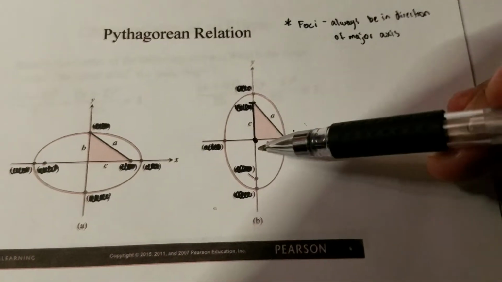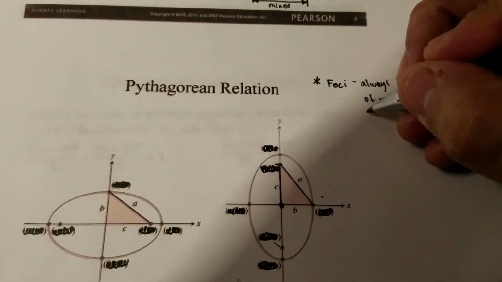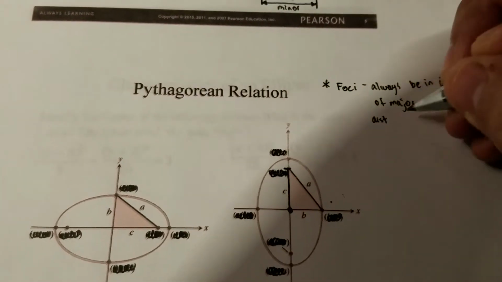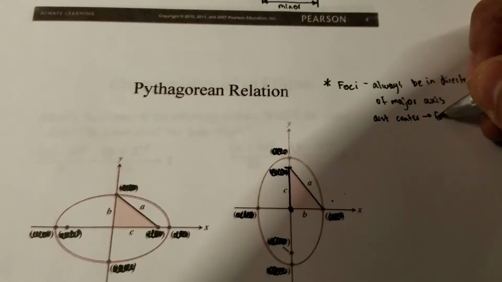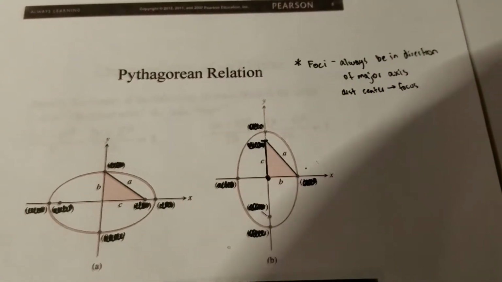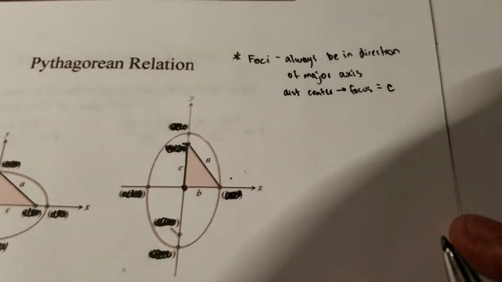I'm talking about from the center to the focus. So we'll say that here. The distance from the center to the focus in either direction, we call that value C.